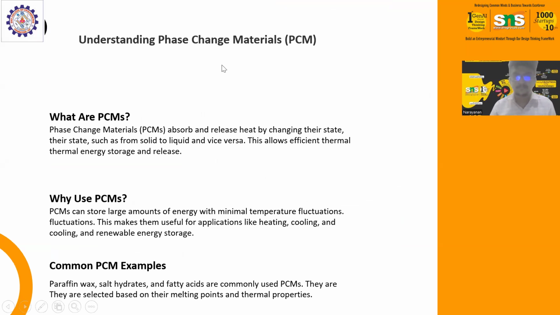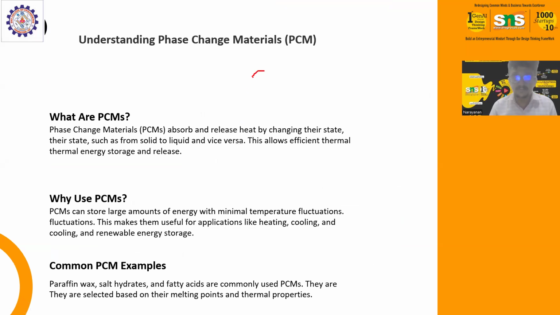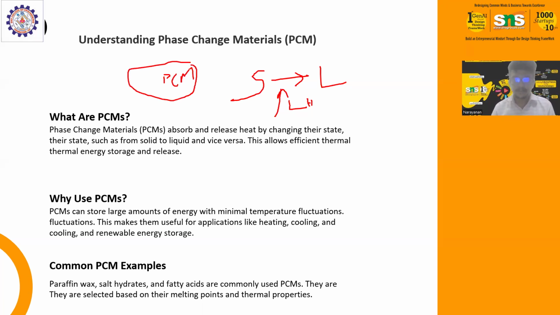For example, if a solid is converted to liquid, you have to supply latent heat, right? So a phase change material, a PCM, what it will do is absorb heat to get liquefied.